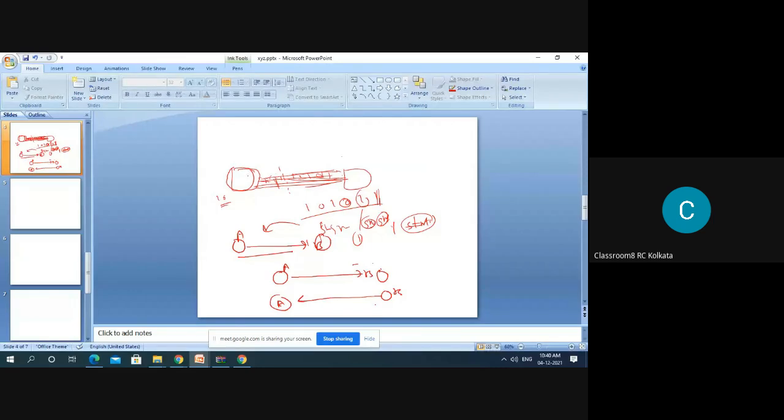And in full duplex mode, both stations can transmit and receive simultaneously. In full duplex mode, signals going in one direction share the capacity of the link with signals going in another direction. This sharing can occur in two ways.